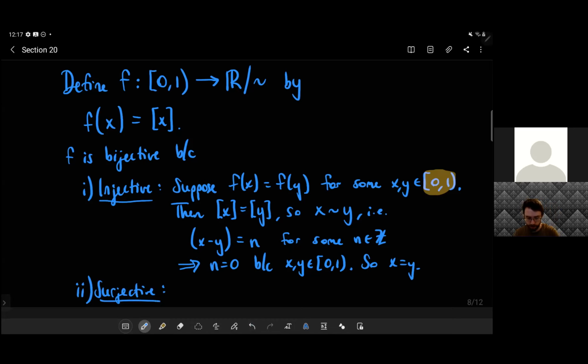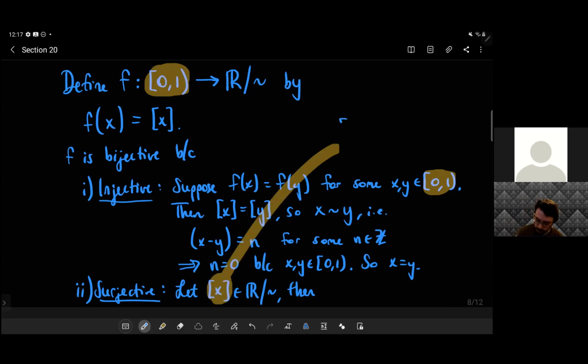Why is that? Well, that's because for any equivalence class you pick, how do you find something mapping onto it? Well, you have to be careful because the thing you want to map onto it has to be between 0 and 1. So like, say this was the equivalence class of 3.14.